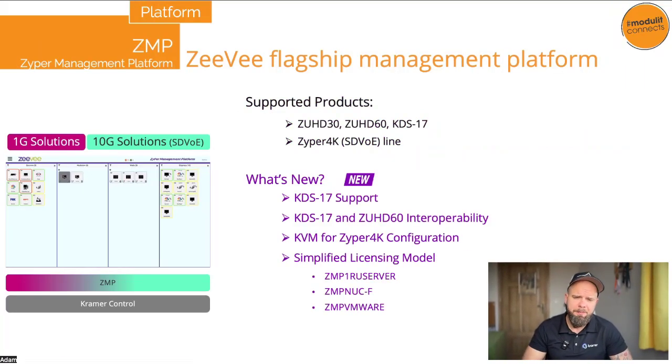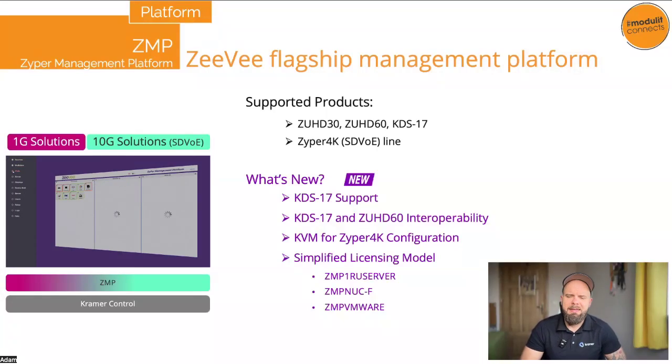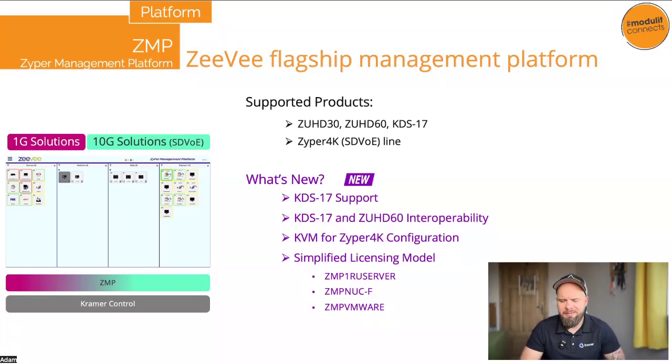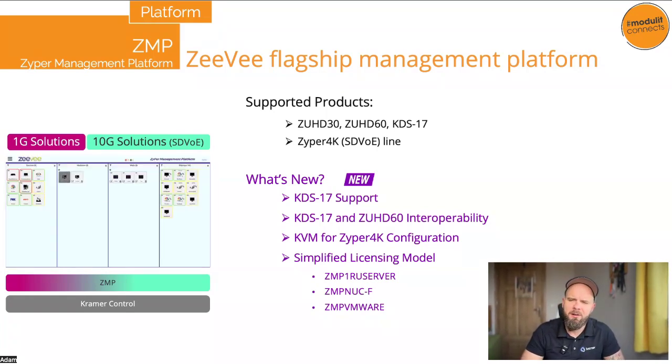There is also the Zyper management platform available, which is like a remaining part of the ZeeVee offer. And what's the difference? It's slightly more advanced than the classic AV over IP Manager, and it comes in more hardware-based form factors.